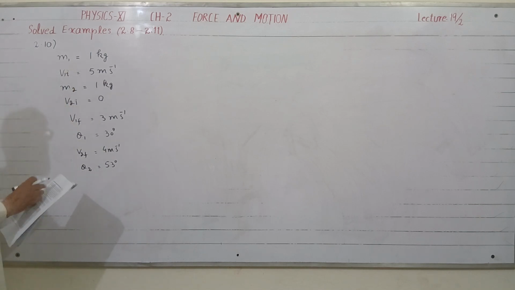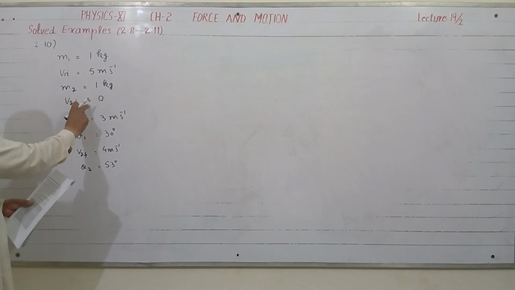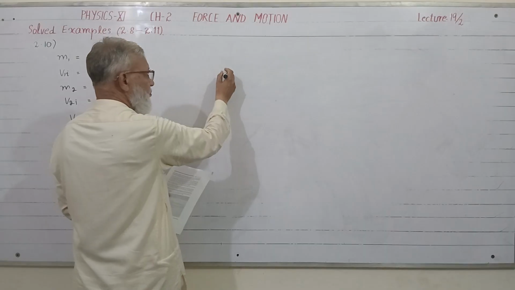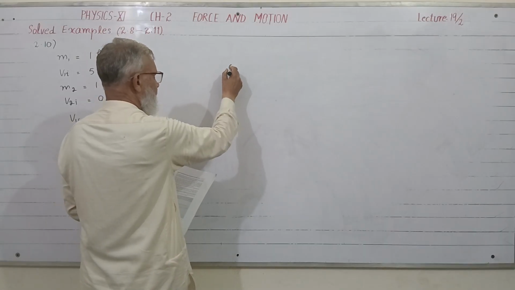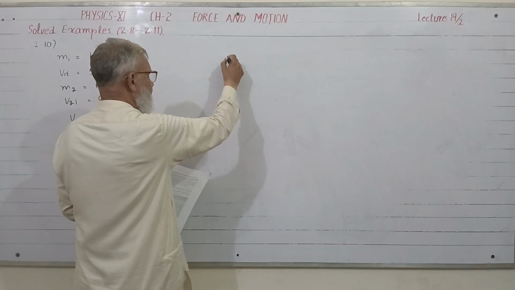So let's try to understand the situation. A particle of mass m1, 1 kilogram, collides with the other particle of same mass but at rest, m2.